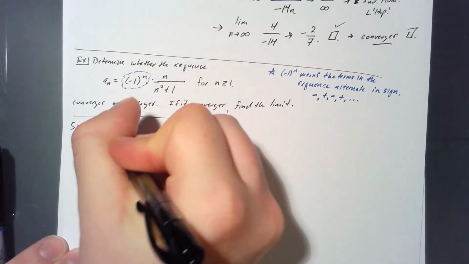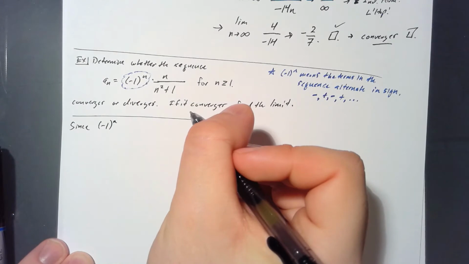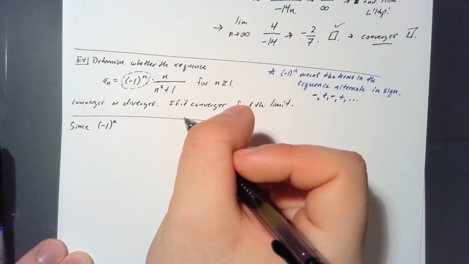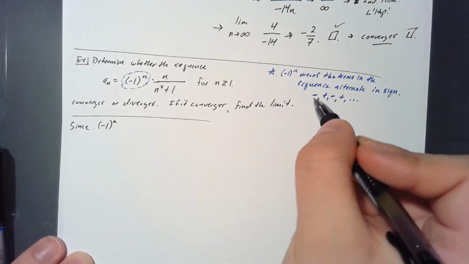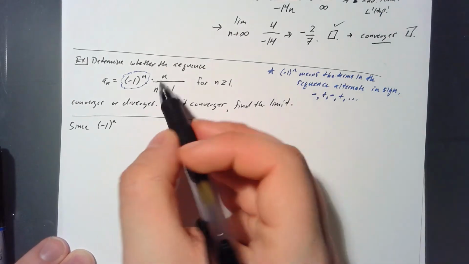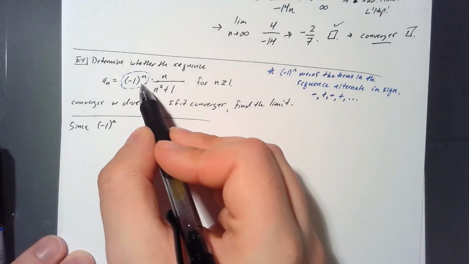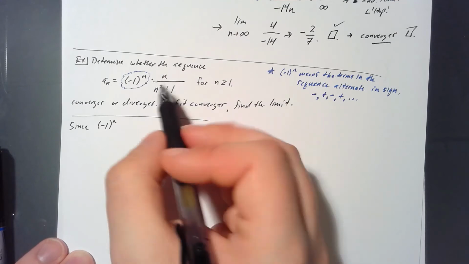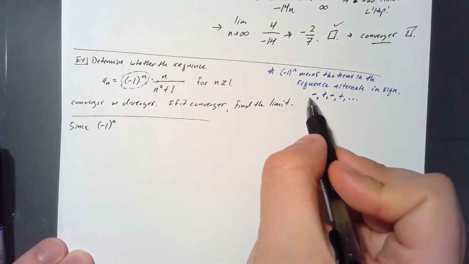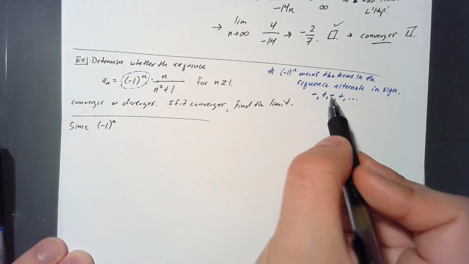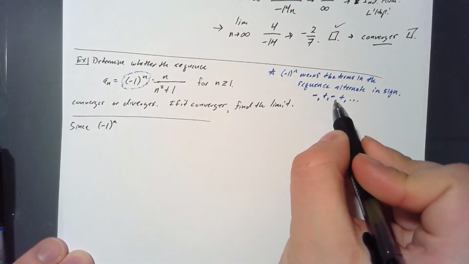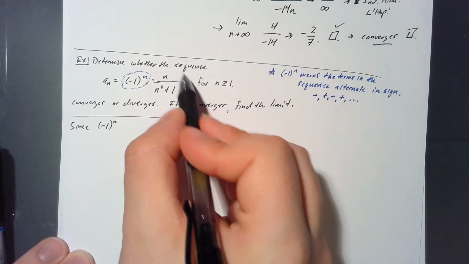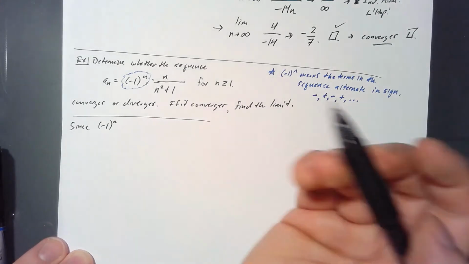Okay. So since (-1) is there, this means the terms alternate in sign. What's that going to mean ultimately? It means that this term's either going to be negative or positive, so it's either negative 1, positive 1, negative 1, positive 1, times whatever this number is when you plug it in.